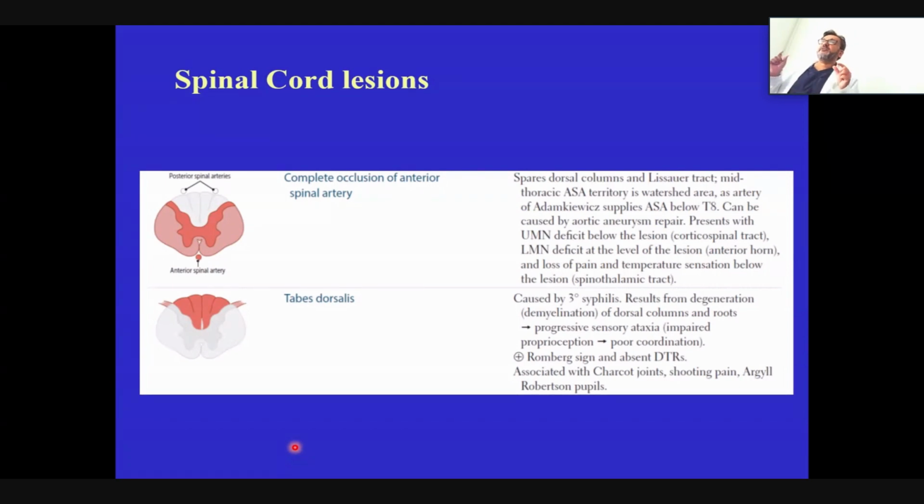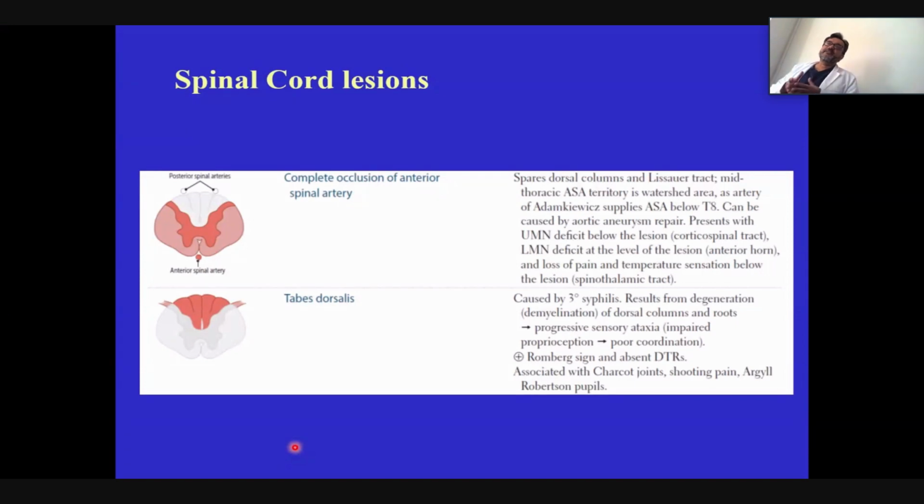One of the key arteries coming from the aorta is the T8 intersegmental artery. If you are performing a surgery on the thoracic part of the aorta, sometimes that T8 artery can be compromised.